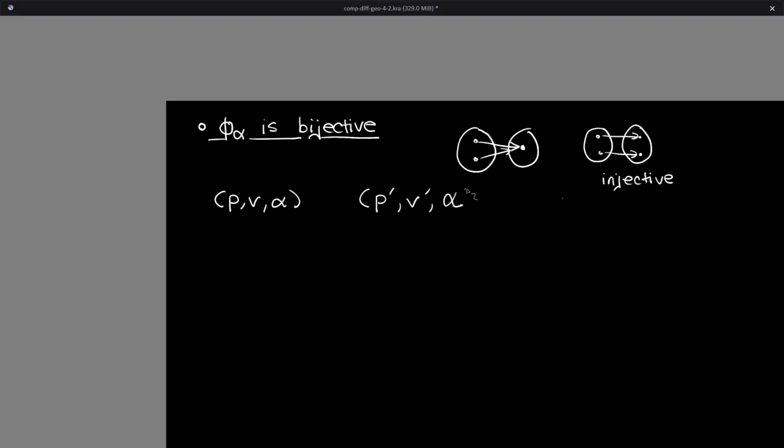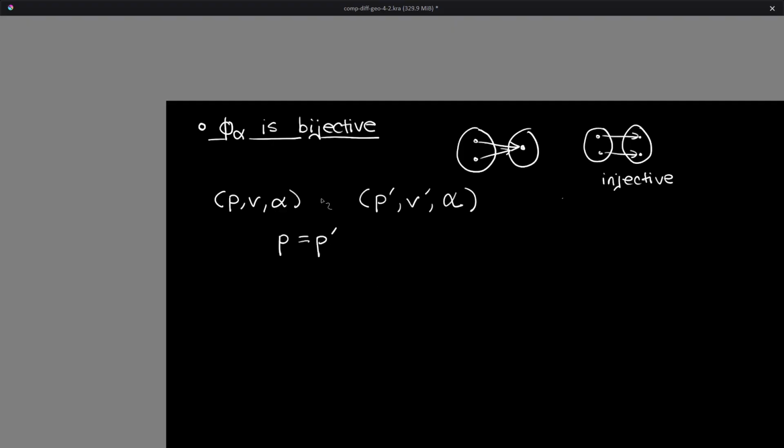We want to be in the same coordinate chart. So let's say we have 2 points, right? Then for them to map to the same point, they definitely have to be at the same point on the manifold. That's what we said, that the deduplication function only coalesces the same points on the manifold. So we already know that P has to equal P prime.